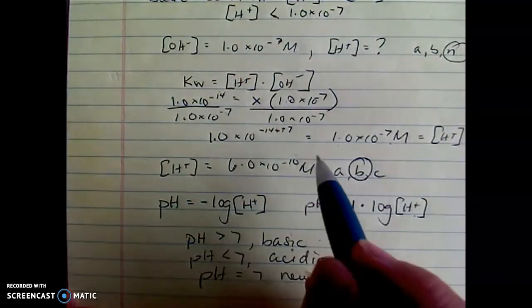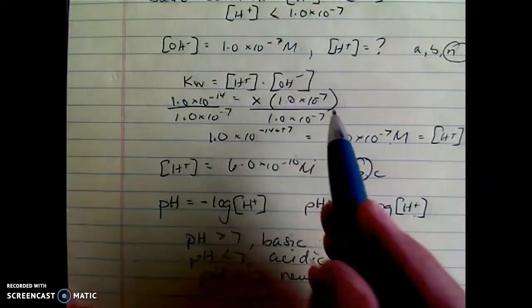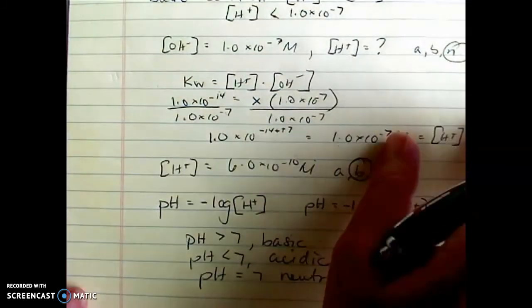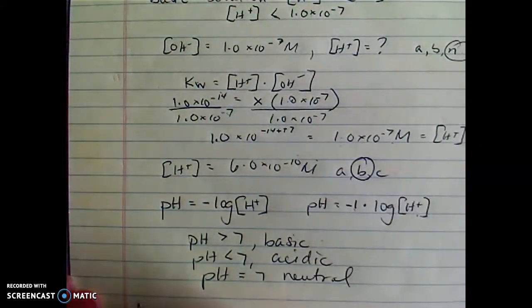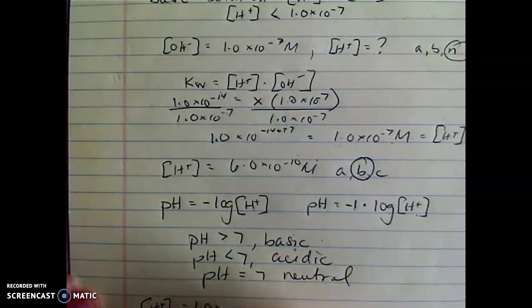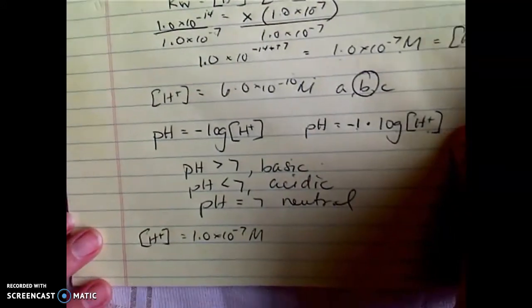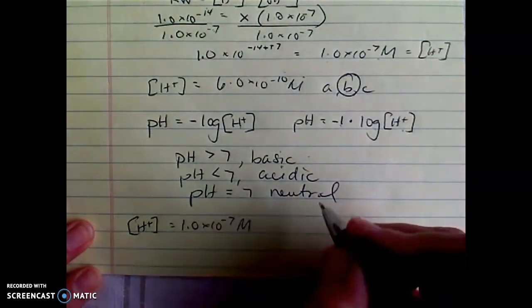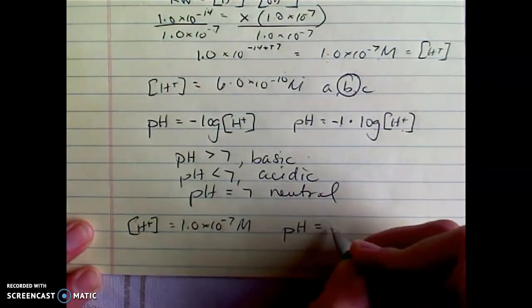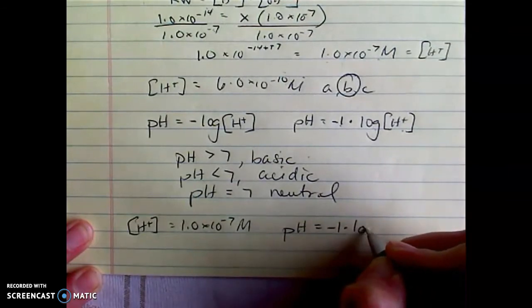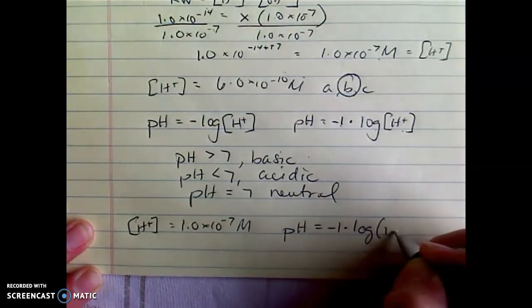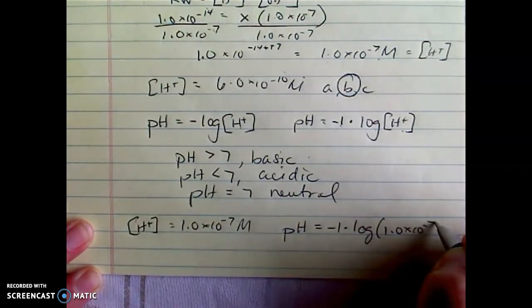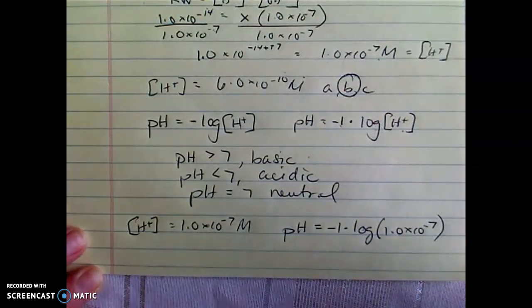So let's use this. Let's go up to the very top. Now here, I'll just write it down. If we say that H+ is equal to 1.0 times 10 to the negative 7 molar, and you want to know what the pH is, you are going to say pH is equal to negative 1 times the log of 1.0 times 10 to the negative 7. How do you do this?